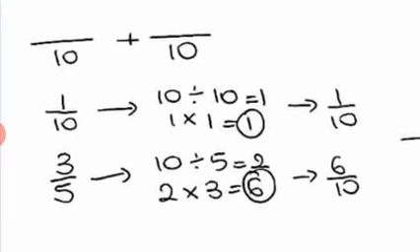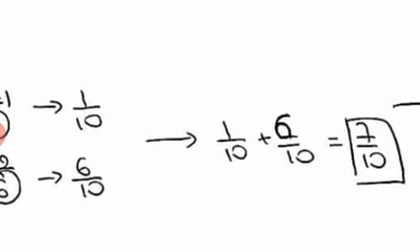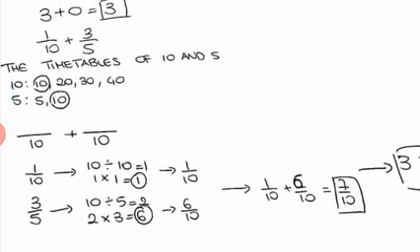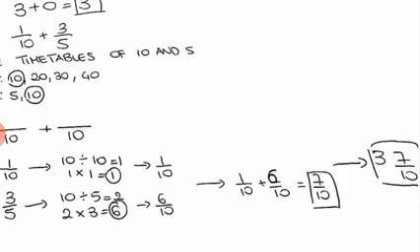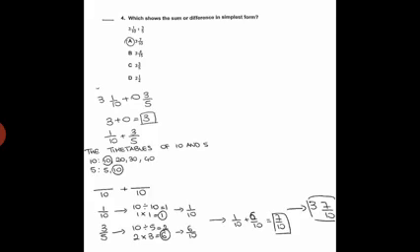The second one, 3 over 5. 10 divided by 5 equals 2. 2 times 3 equals 6. So it is equal to 6 over 10. Then we make the sum, 1 over 10 plus 6 over 10 equals 7 over 10. And if we bring the whole number 3 and the 7 over 10, the result is 3 and 7 over 10. So the answer is A.